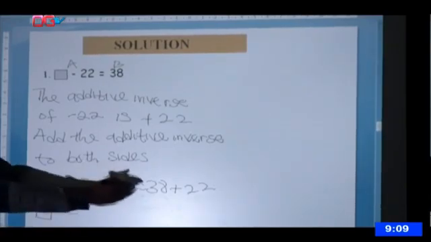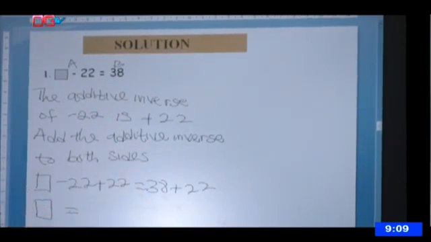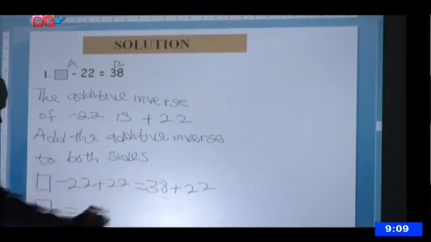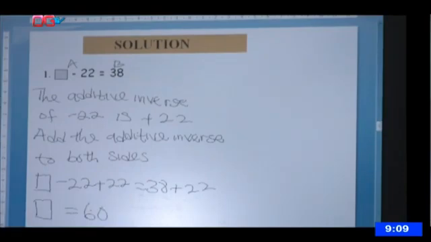Nothing. 38 plus 22, we can add this. This will give us 60. So it means we are going to put 60 here to make a balanced equation, such that we can easily cross-check. If you remove 22 from 60, is it going to give us 38?